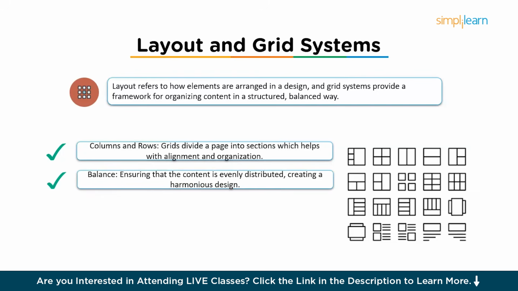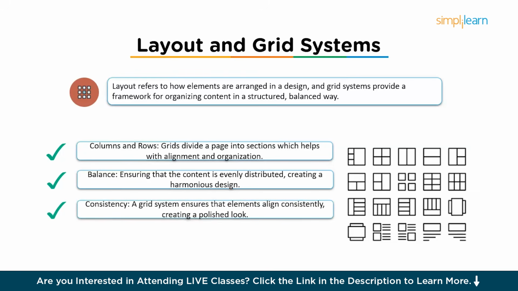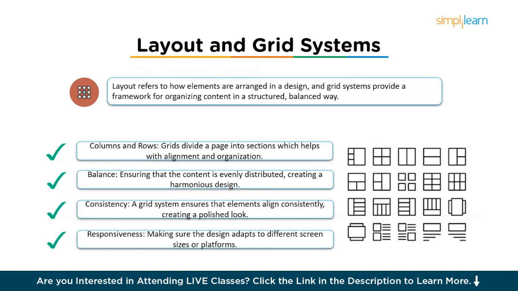Then we have balance, ensuring that the content is evenly distributed, creating a harmonious design. Then we have consistency. A grid system ensures that elements align consistently, creating a polished look. Then we have responsiveness, making sure that the design adapts to different screen sizes or platforms.